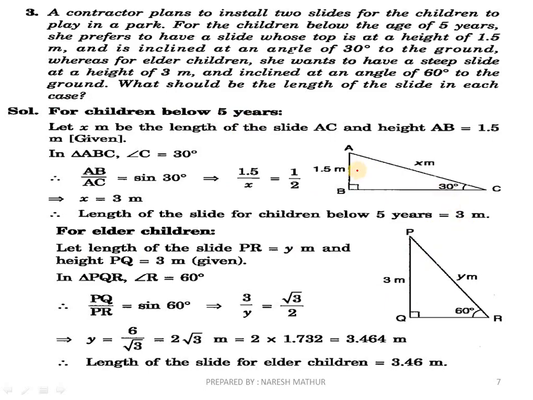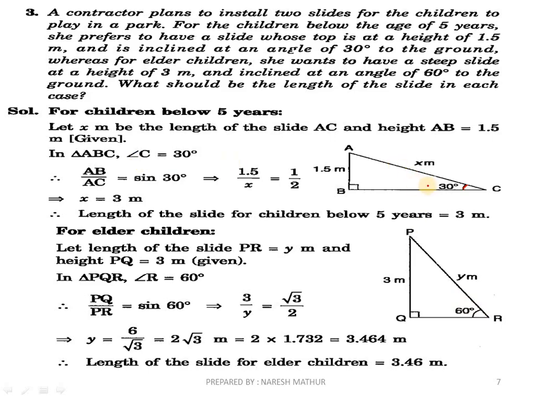In the first case, for the children below 5 years, he needs to install a slide whose height should be 1.5 meters, and the angle of inclination should be 30 degrees. Then what should be the length of this slide? In the second case, the height should be 3 meters and the angle of inclination should be 60 degrees. Then what should be the length of the slide?